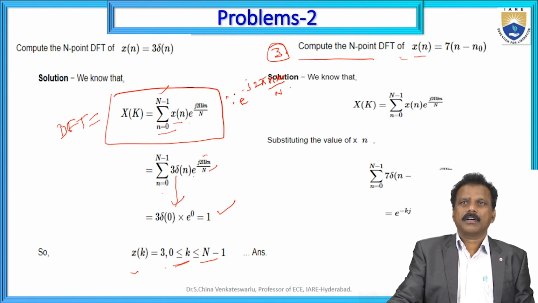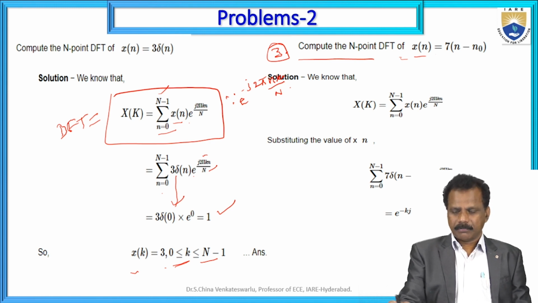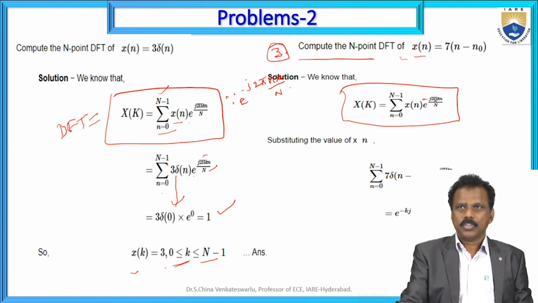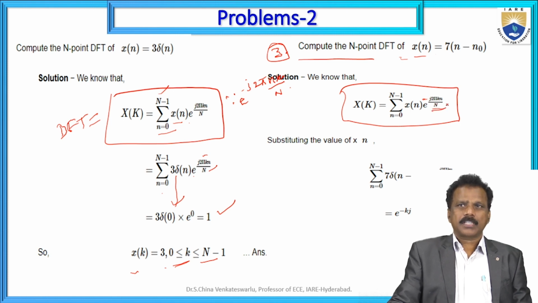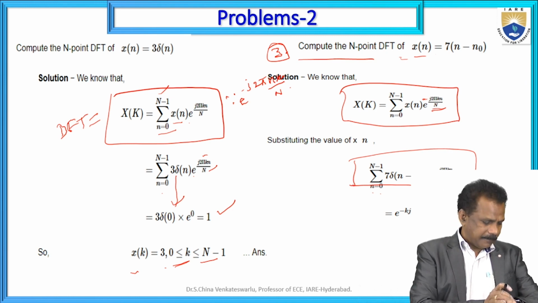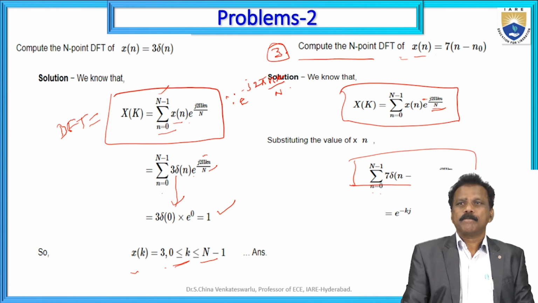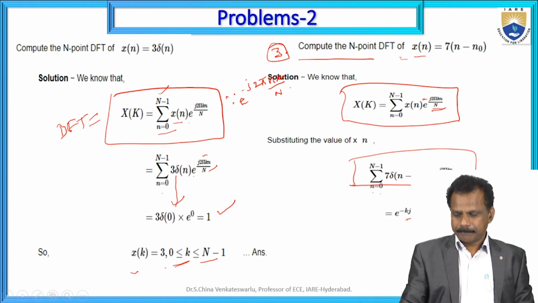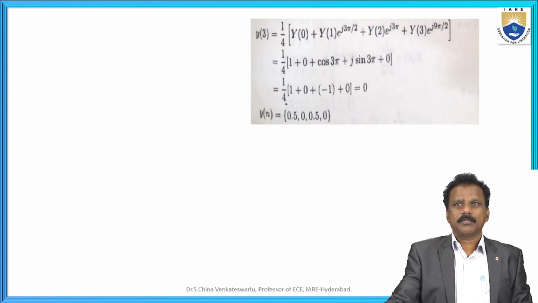We know the formula of DFT, x of k is equal to the summation n equal to 0 to N minus 1 of x of n into e power minus j 2 pi kn by capital N. Substituting these values of x of n and simplifying, the summation n equal to 0 to N minus 1 of 7 into delta of n minus n naught into e power minus j 2 pi kn by N. Like this, we can evaluate all problems related to these things easily.